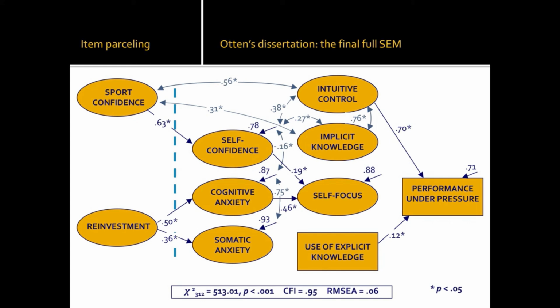So again, for you guys, if you have a new scale in your data set, keep it as a latent variable if you can, and if you have the sample size to support it. And then keep everything as latent variables if you can. But if you run into a limitation on sample size or something like that, then you might want to slow down and consider item parceling as an alternative to just compositing everything.